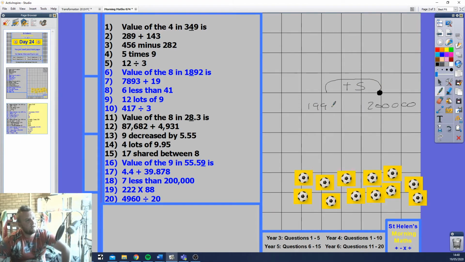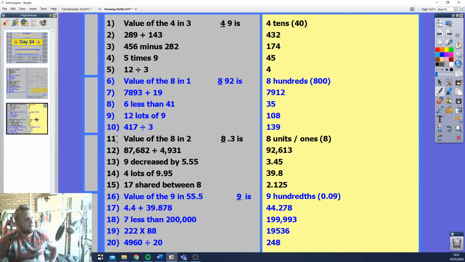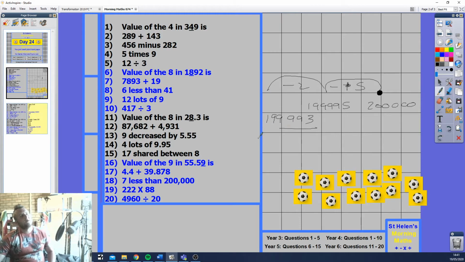That makes 199,995, and then another 2, because 5 plus 2 is 7. So I'm just going back again, another 2. And I got 199,993. You could get caught up with that one because it's quite a high number to then minus a small amount from it. That's how I would do it.